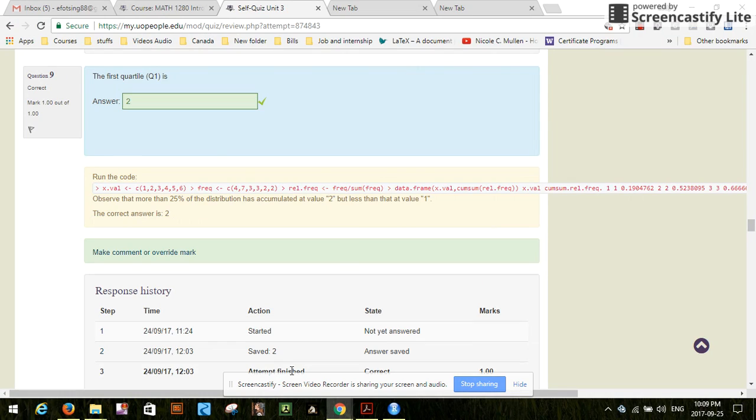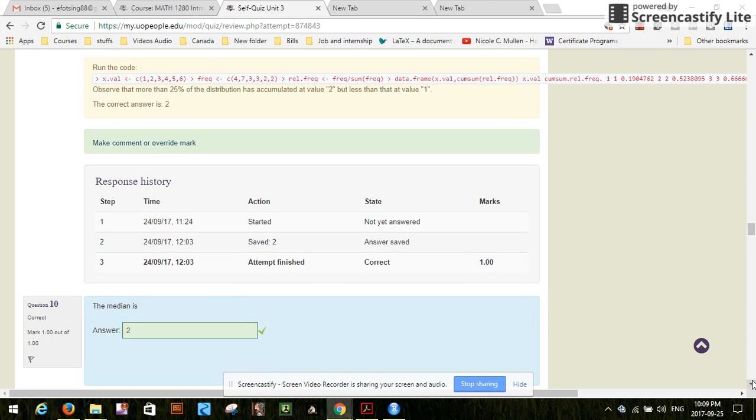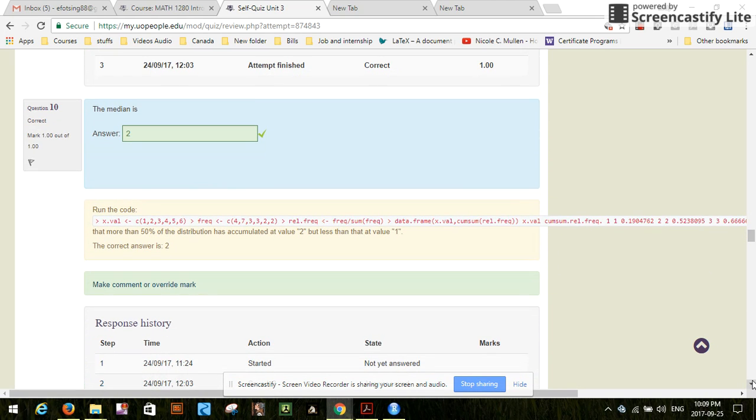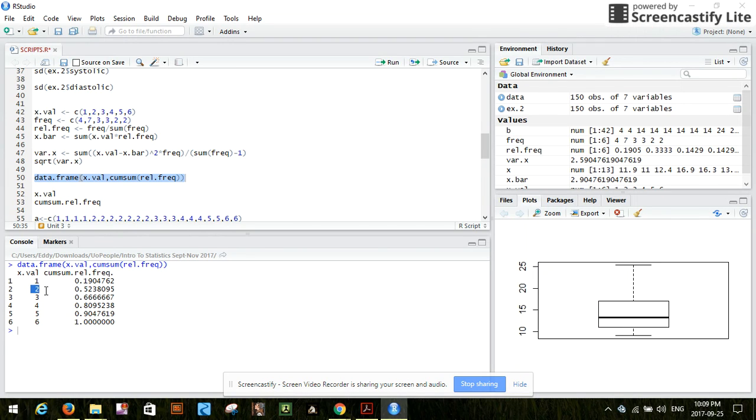So that's why in this case the first quartile is approximately the value 2. Again, an approximation here, but we're going to see below with some other question where we can calculate those values. Similarly, the median is also going to be 2, because at 2 sneakers, 1 and 2, we already accumulated 50% of the data set. And remember, the median is 50% of the observations.